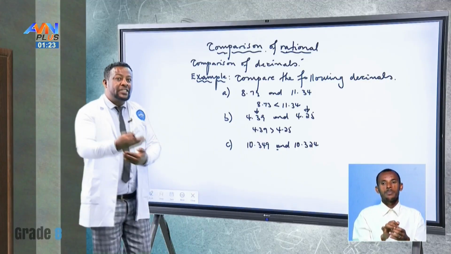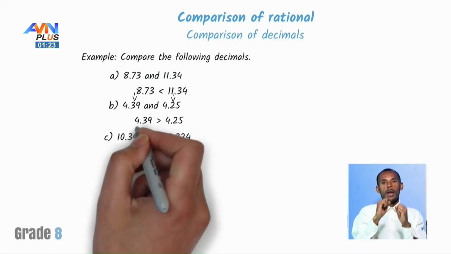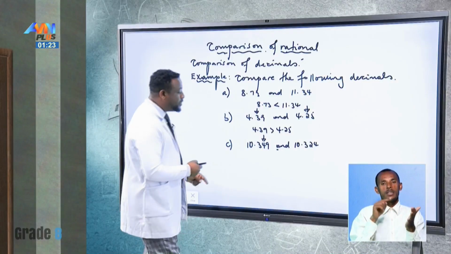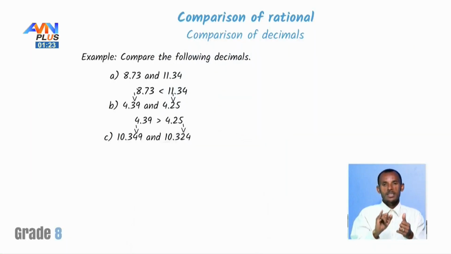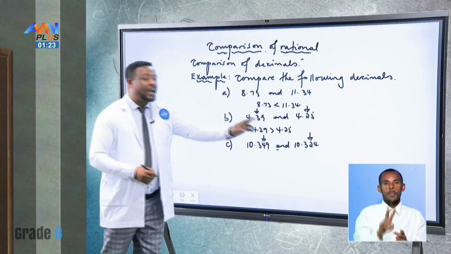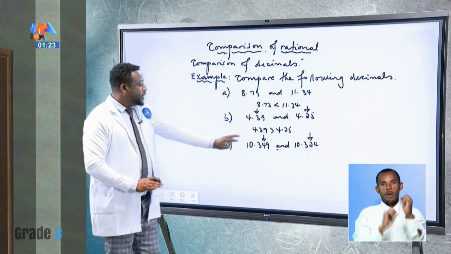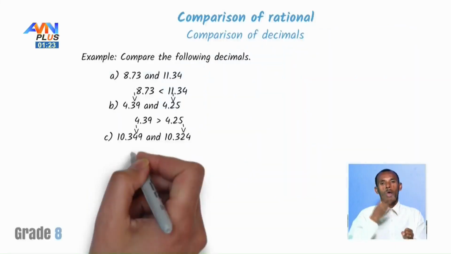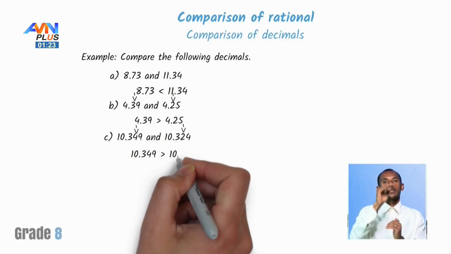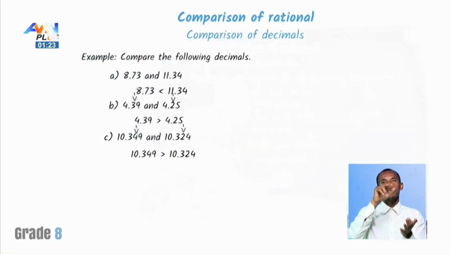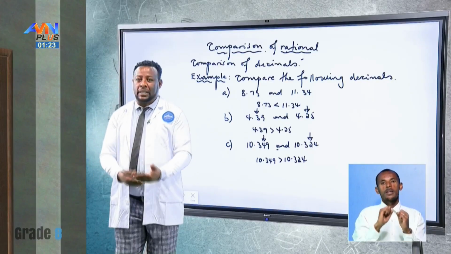So the next thing that you need to do is compare the hundreds digit, okay? So the hundreds digit for the first decimal is 4 and this one is 2. Since 4 is greater than 2, we stop comparing here. So 10.349 is bigger than 10.324, okay? So this is how you compare decimals, okay?